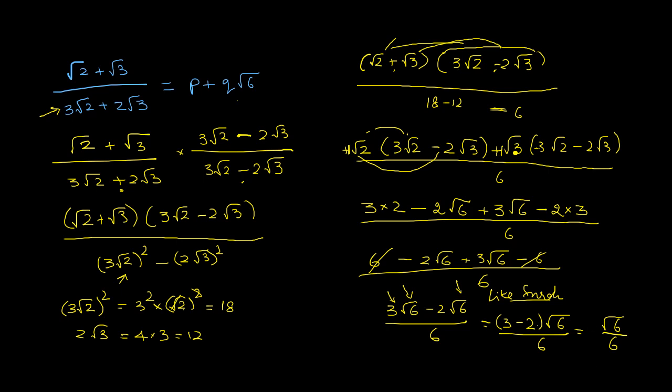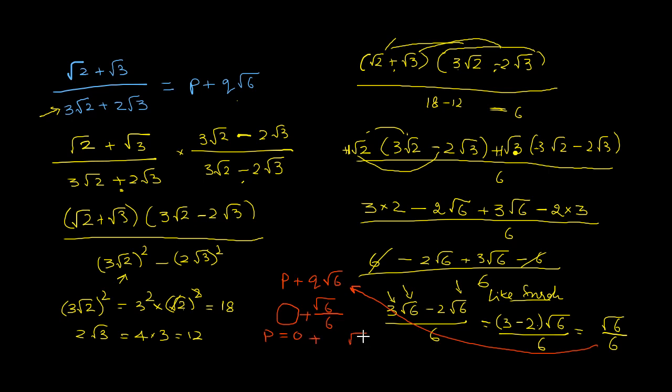If I am going to represent this as p plus q root 6, all I have is root 6 by 6. Now even if I put plus, there is nothing here, so that means p is going to be 0. Q, what happens?